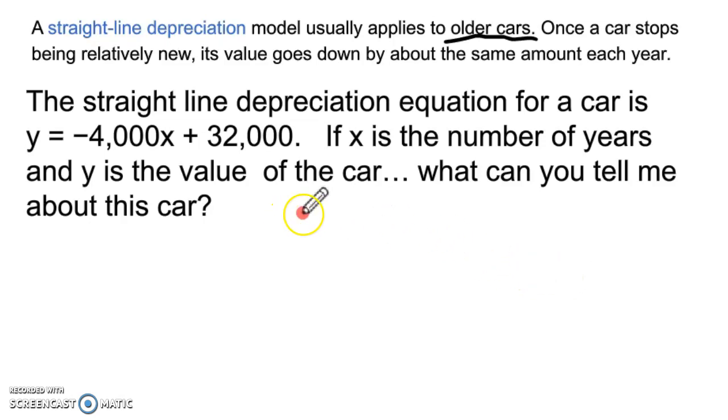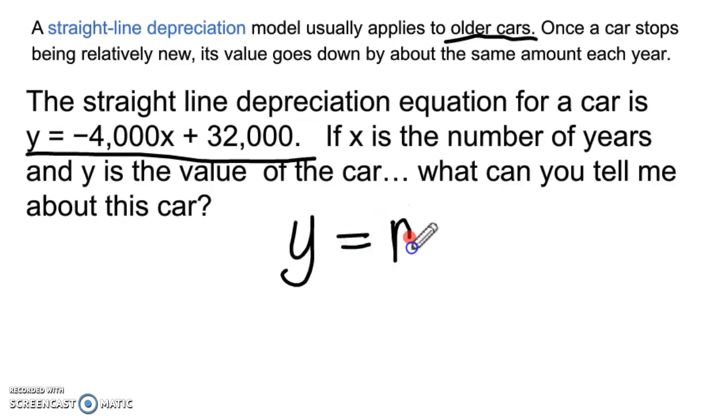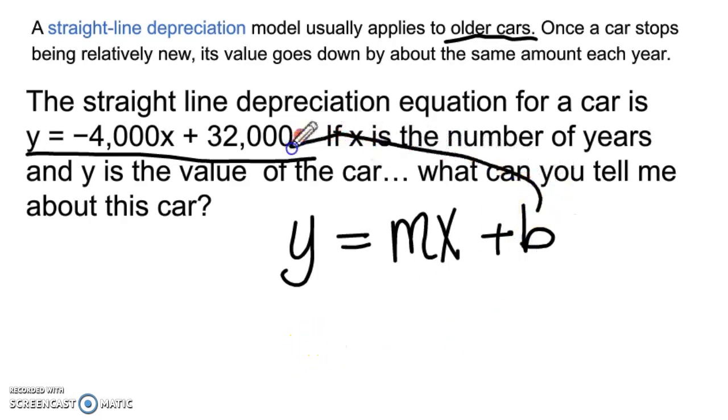All right, hopefully you've thought about this for a little bit. Knowing this equation here, this is in slope-intercept form, similar to the ones we were doing just a minute ago. And as we talked about, that y-intercept represents the initial value.